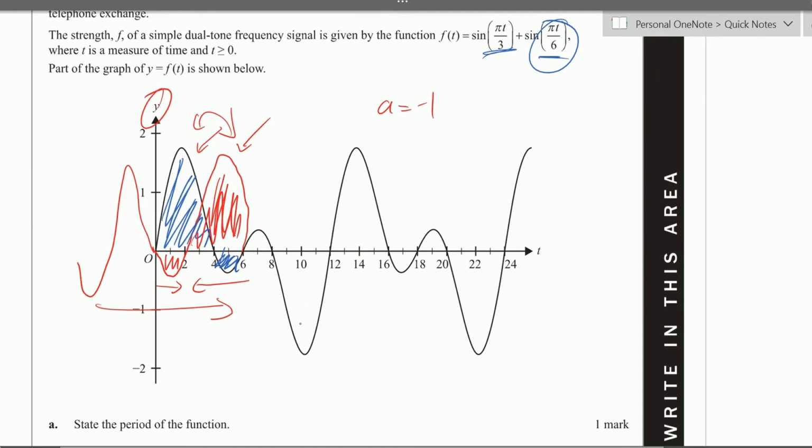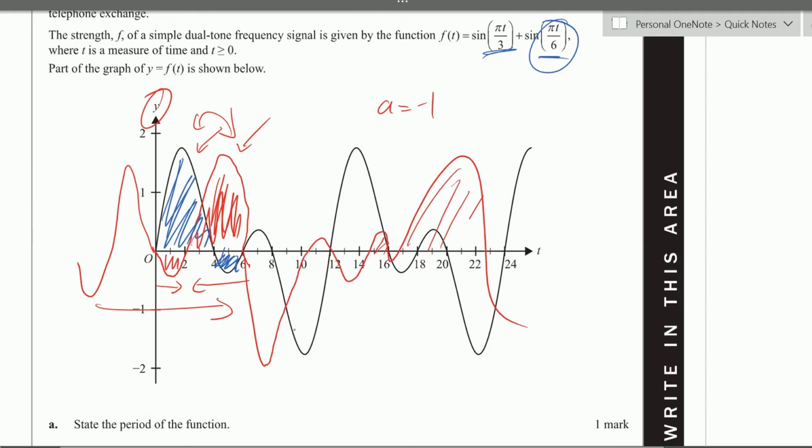And the thing is, if you imagine continuing this graph, it would look like that, but it could be any of these areas. It's the same, so you can translate it.